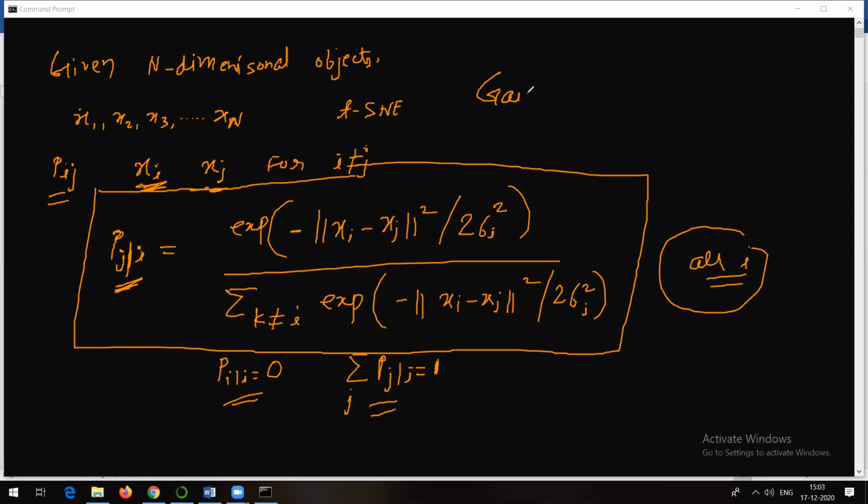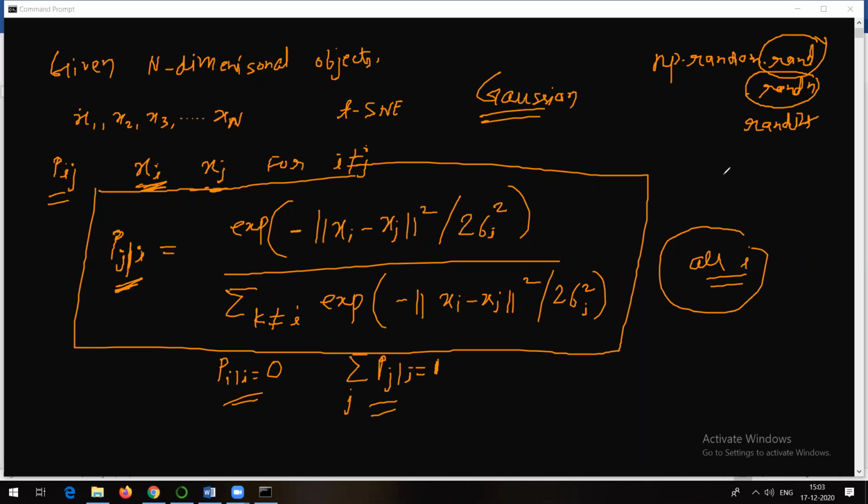Now the question is, what do you mean by Gaussian? If you remember NumPy, we talked about np.random.rand and np.random.randn. These two things we are saying. So if you remember, this was uniform distribution, and this was Gaussian distribution.